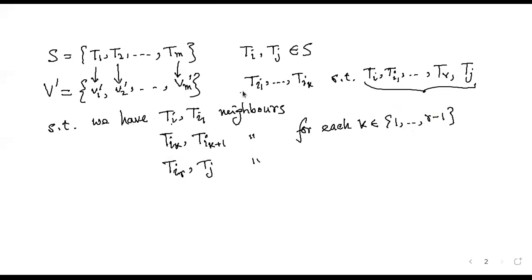So we are going to construct something like this. That way we'll be able to show that between any two vertices vi and vj, there is a path that connects them. Because if we can find these neighbors, then there is a path from this to this and this to this, and so on, and eventually from here to here. So we'll be able to prove that this is a connected graph.